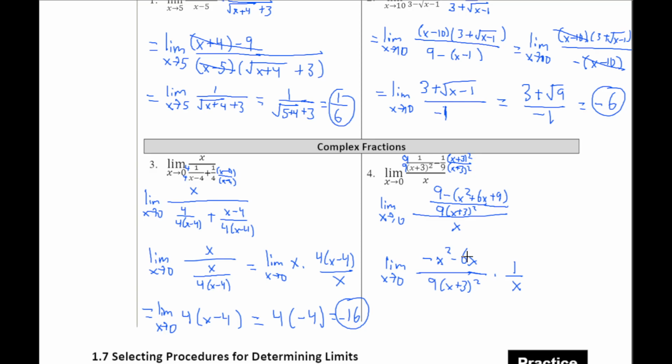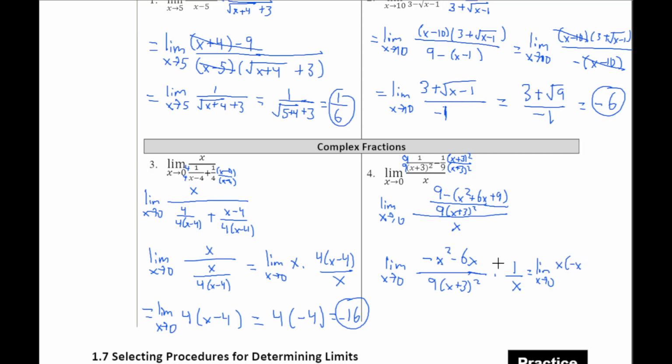And then from here, what you can do is, if you want to rewrite this again, I'll do it over here. Limit as x approaches 0. You can factor out an x here.